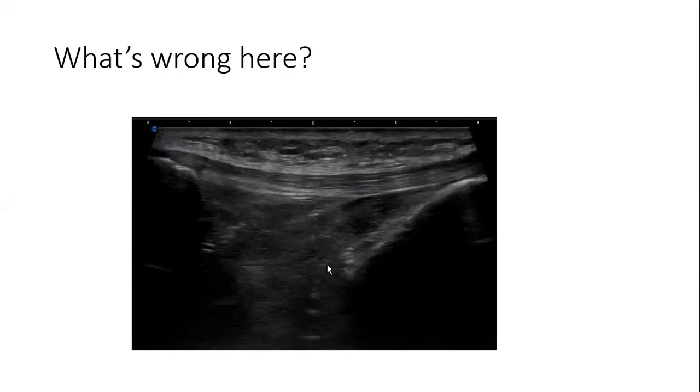So there is a hypoechoic signal here, but this is normal. Fat pads can be confusing because they have heterogeneous appearance. Whether it's knee or ankle or anywhere else, fat pad is made up of fatty and fibrous tissue, and the composition can change from place to place.